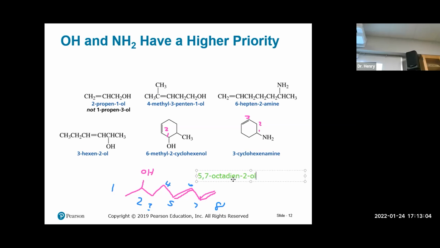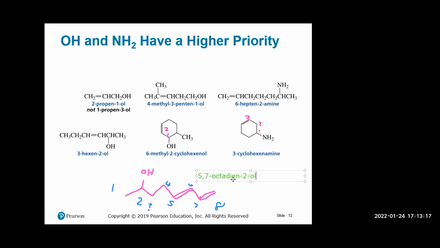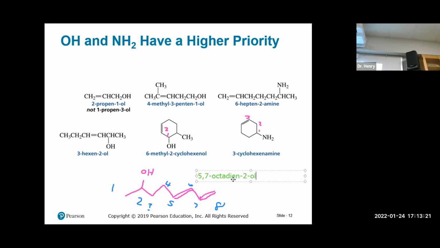It's within your main chain. If you have it on the outside, you're starting to suggest that it isn't part of the chain. Does that make sense? When it's branching, you'd also put -yl to suggest that it's branching. So it's -enyl, suggesting that it's a branch. Does that make sense? Do you understand? Yes.